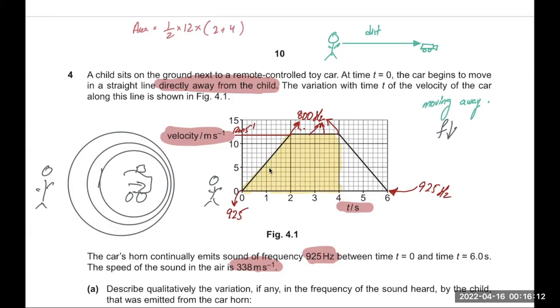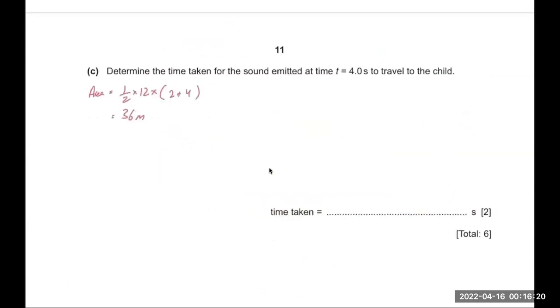What do we need to do next? We need to find out how long it takes for sound waves to travel a distance of 36 meters. What formula do we use? We won't use v is equal to u plus at, or v squared is equal to u squared plus 2as, or s is equal to ut plus half at squared. In fact, we can, but we'll simply use speed is equal to distance upon time, because sound travels at a constant speed.